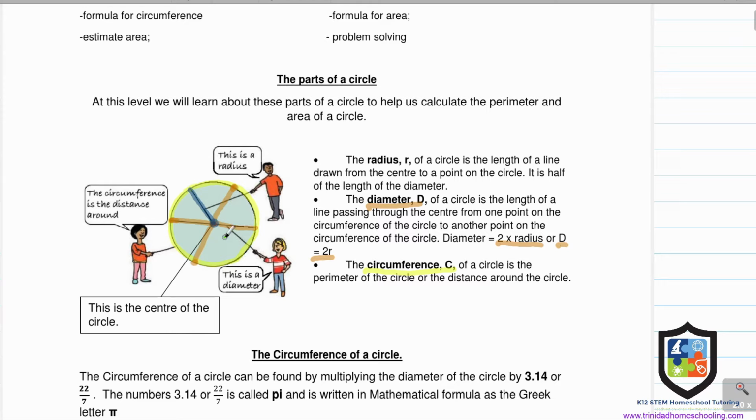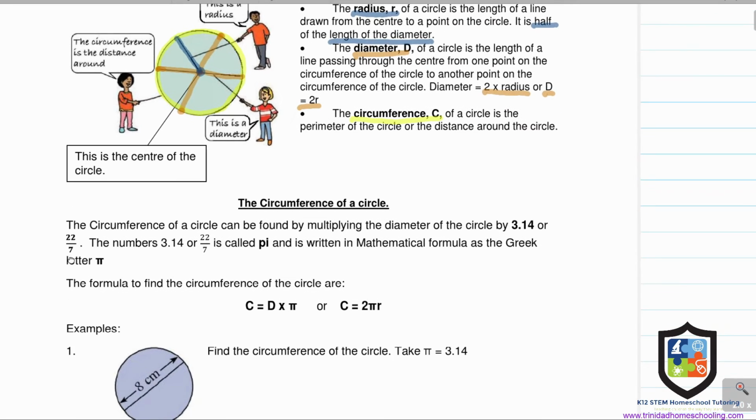If it touches the other end, it becomes a diameter. So we could see that the radius, and we use the letter R to represent radius, is half the length of the diameter. So these are the 3 parts of the circle that we need to know for now.